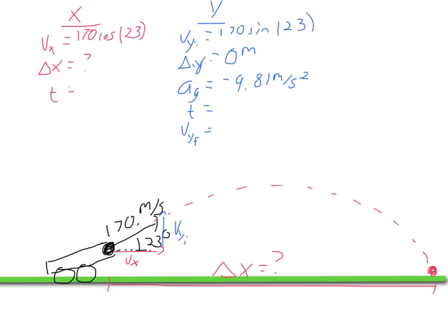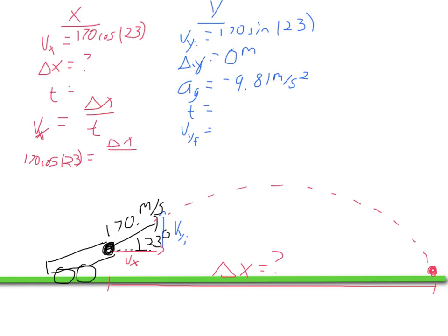So now going directly from my goal, in the x-axis it's always constant velocity. Vx, there is no initial and final because it's constant, equals delta x over t, right? I know the delta x, I know the Vx, it's 170 cosine 23, and I'm just going to leave that in math terms right now and get it in a second actually as a number.